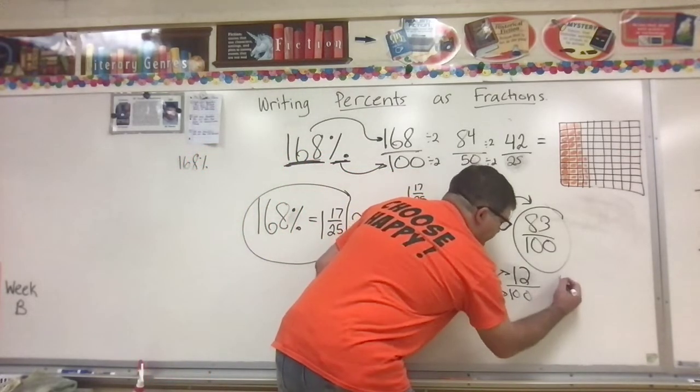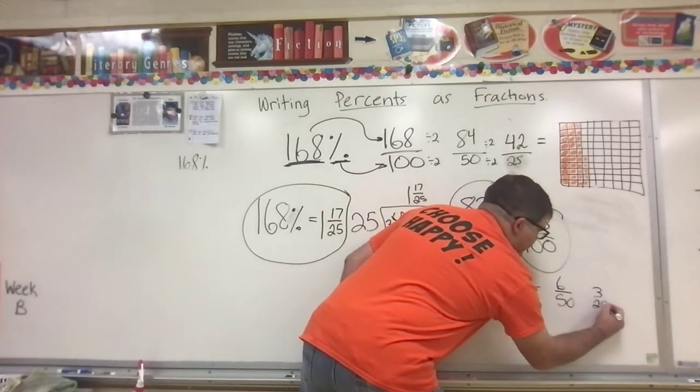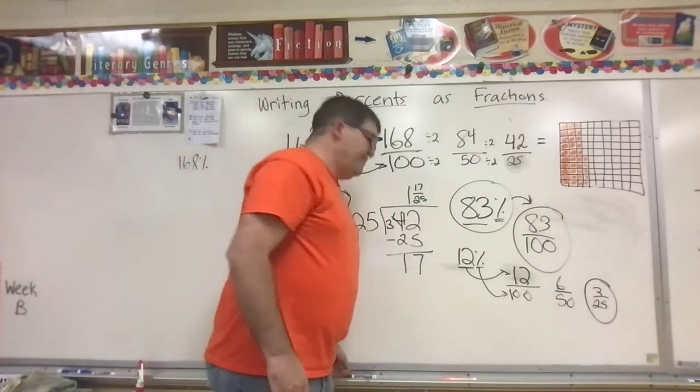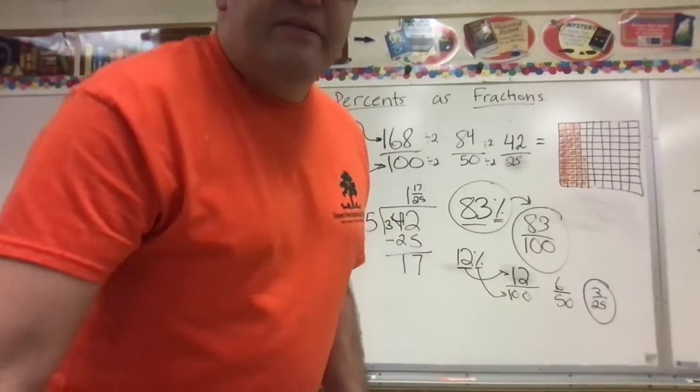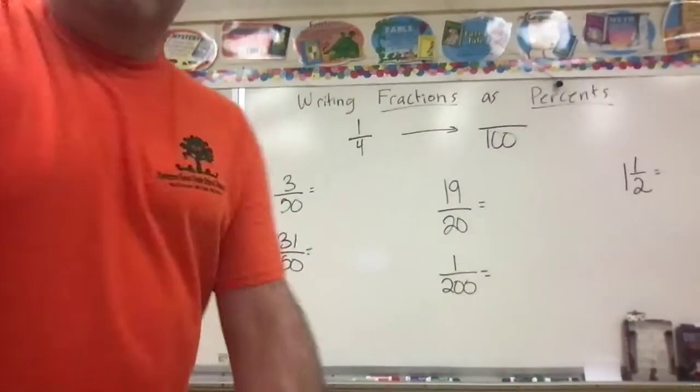And then simplify if you need to. 60 over 50, 3 over 25. All right. So that's how you take a percent and write it as a fraction.